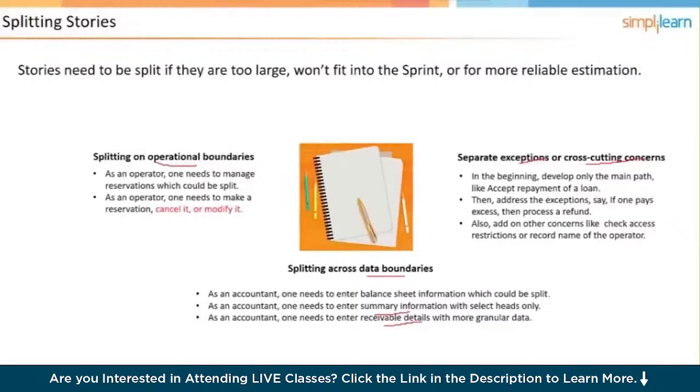So enter AR, enter AP, etc. Make sense? So just to kind of prompt you, give you some ideas about what to do in a Scrum project if you have the scenario arise where a user story is being estimated by the team and it won't fit into a sprint. It's too big.